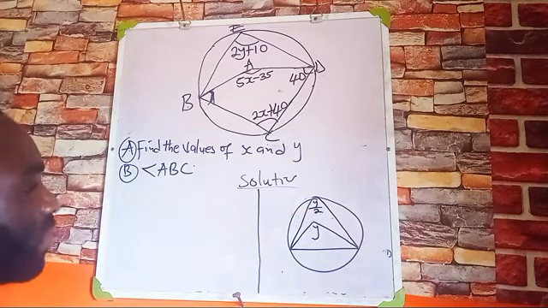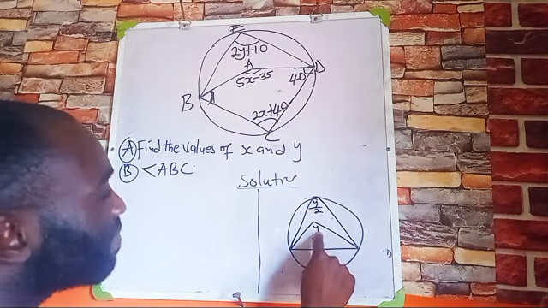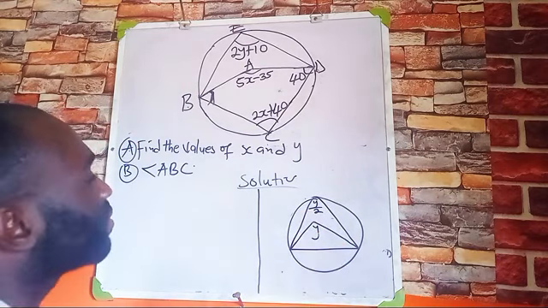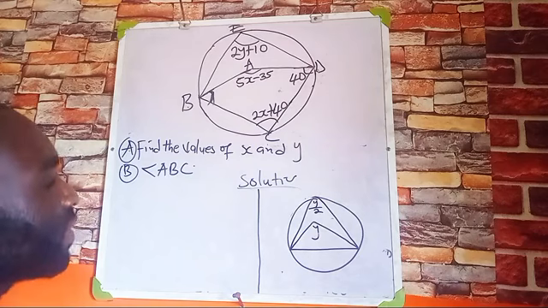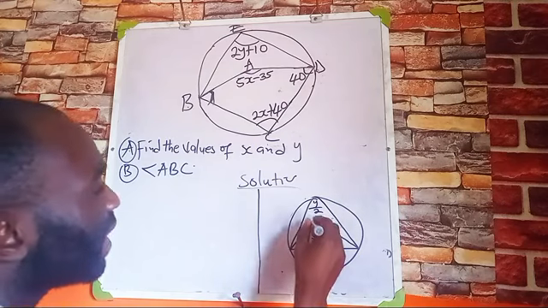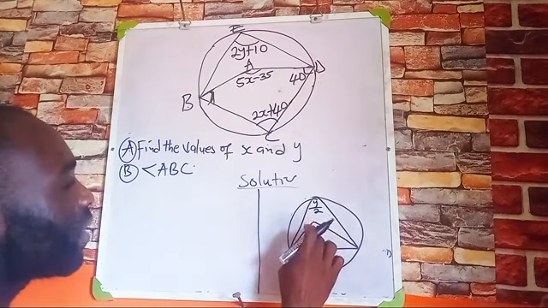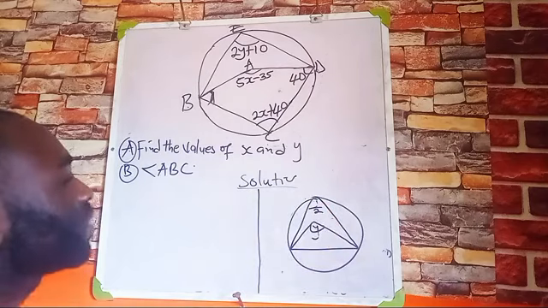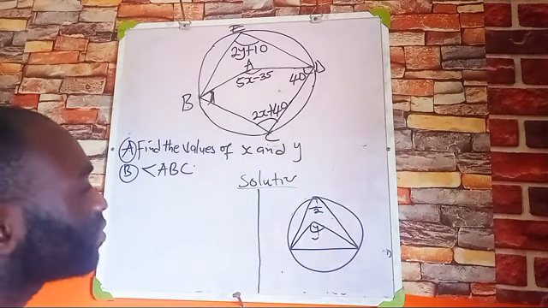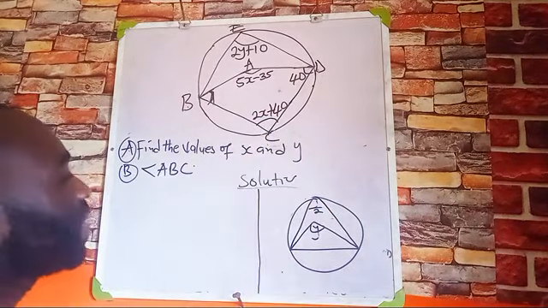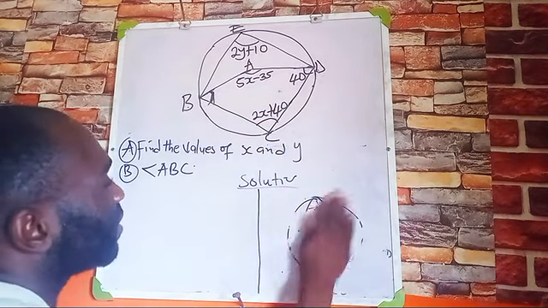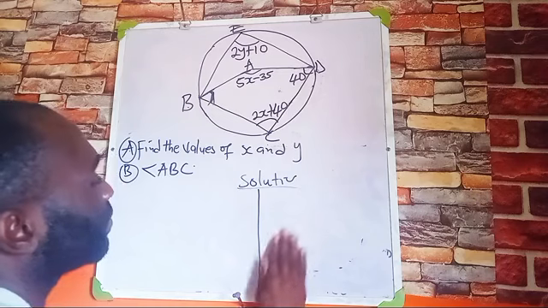How? The angle at the center, made by a chord, is twice the angle at the circumference. That is, the angle here is twice this, so if you want the angle here, you have to divide this to have this. We're going to apply the same principle in this shape for us to have the values of x and y.